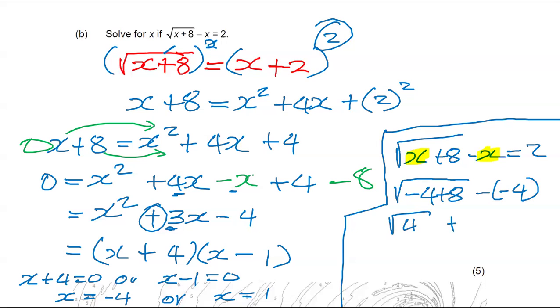And outside the square root, I'll be left with another 4, because negative times negative is positive. And obviously this should give us 2. If it doesn't give us 2, then we know that this x value of negative 4 is incorrect. So this will end up giving us 2 plus 4, which should equal 2, but it's not. Therefore, we are simply concluding that x can never be equal to negative 4.